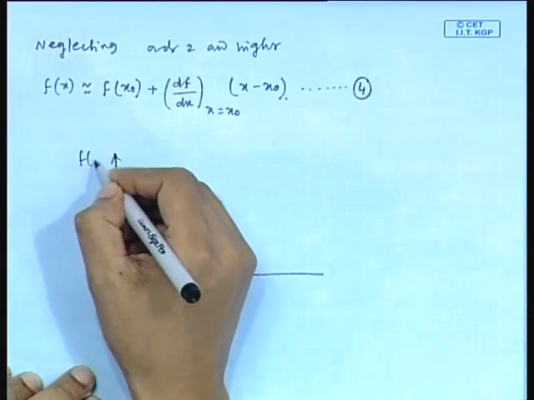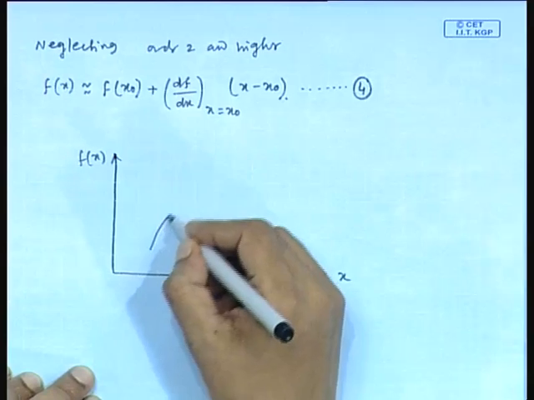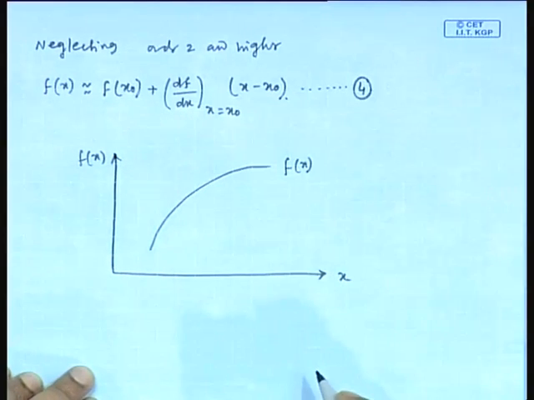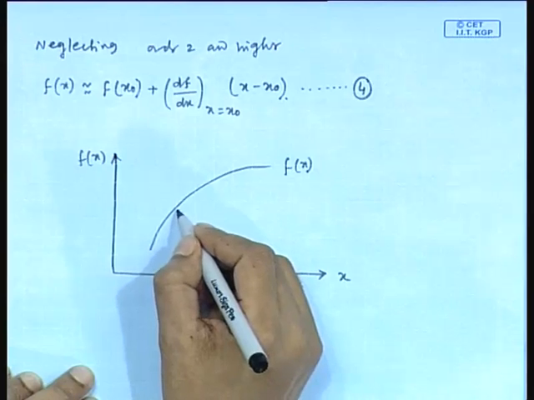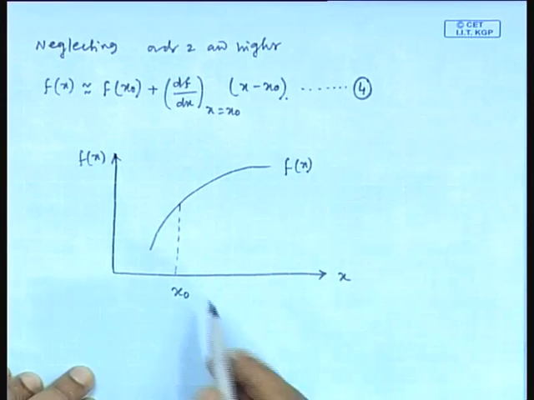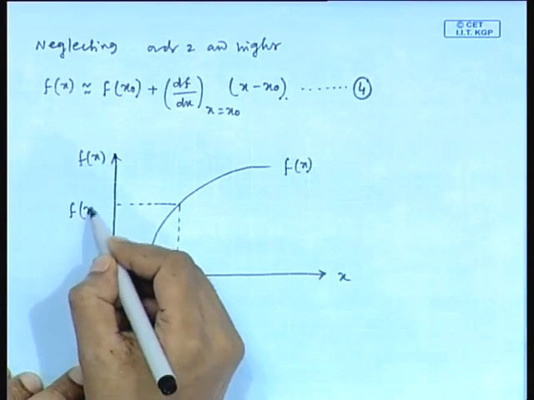This is f x, this is x. Suppose this is the function f x. This point is x naught and corresponding f x is f x naught.